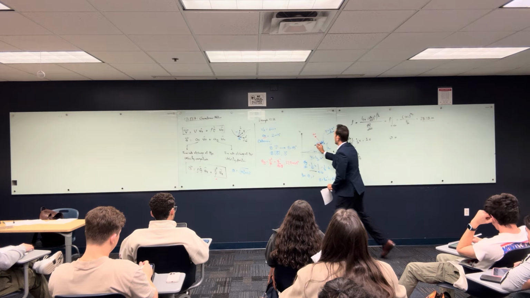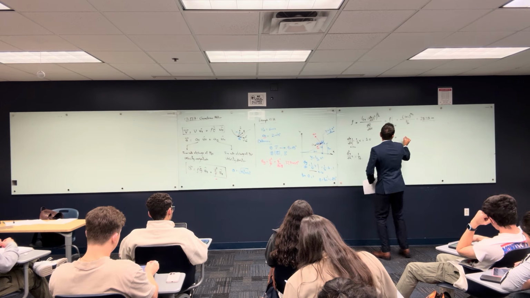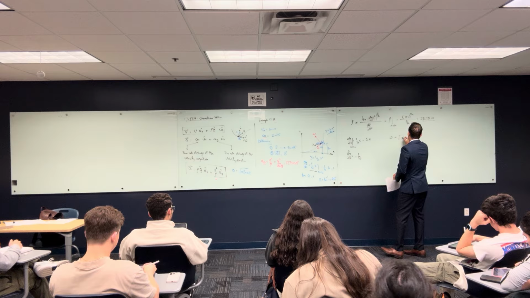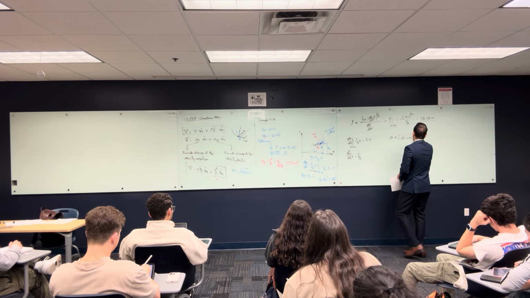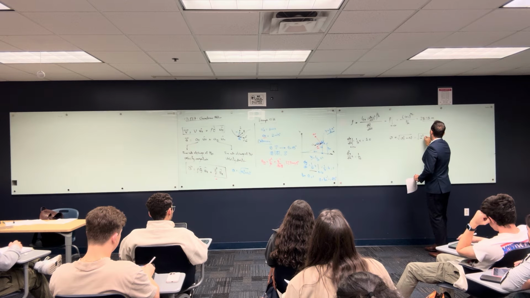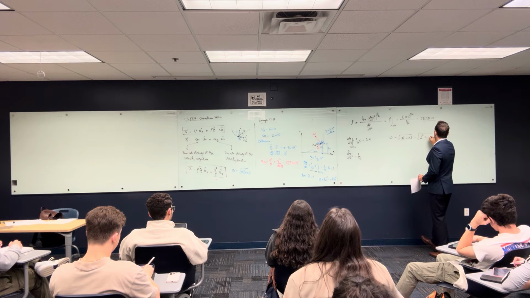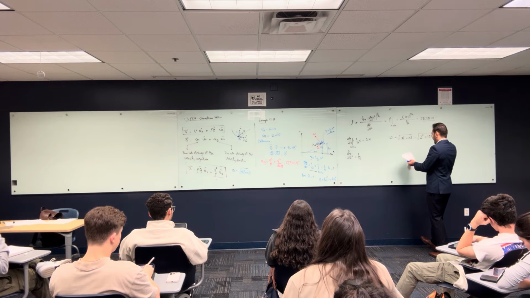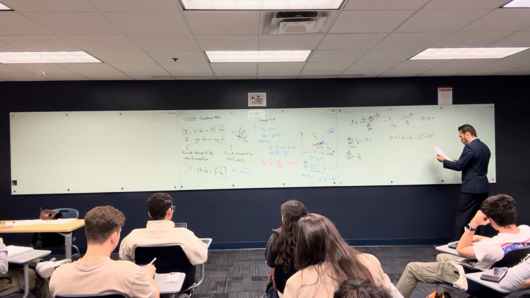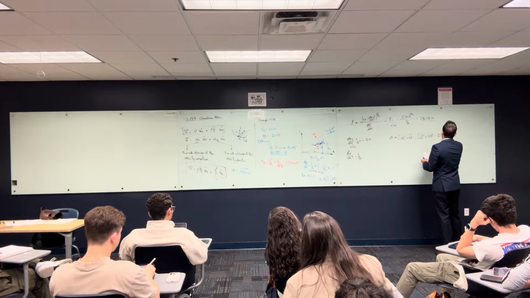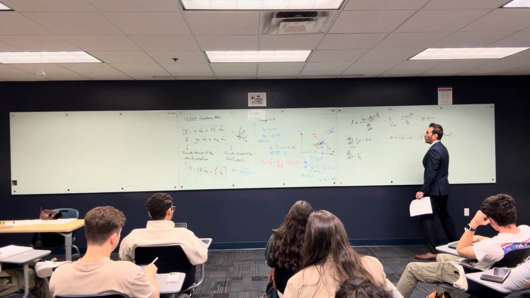So this is the total a, so it is gonna be the square root of a tangent squared plus a normal squared, and this is gonna be 2 squared plus 1.27 squared. So this is going to be equal to 2.37 meters per second squared.